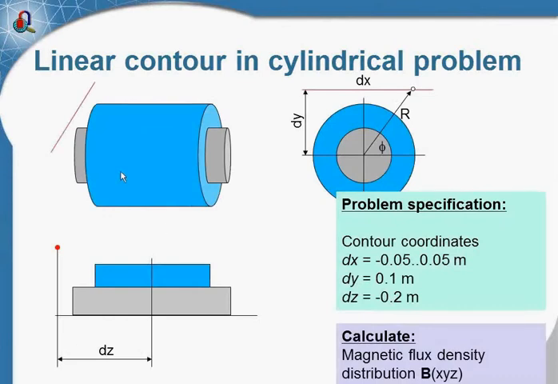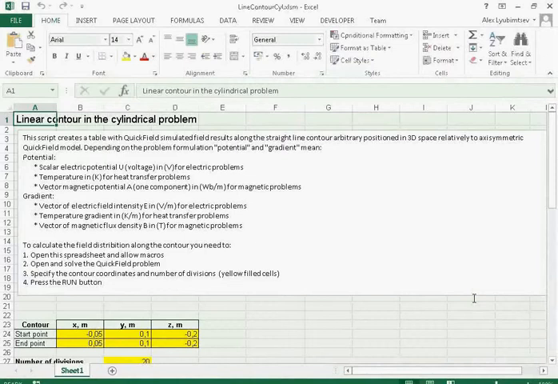So in this simple case I need to get the field distribution along this contour. Here are the contour coordinates in Cartesian coordinates. I will start our free tool.